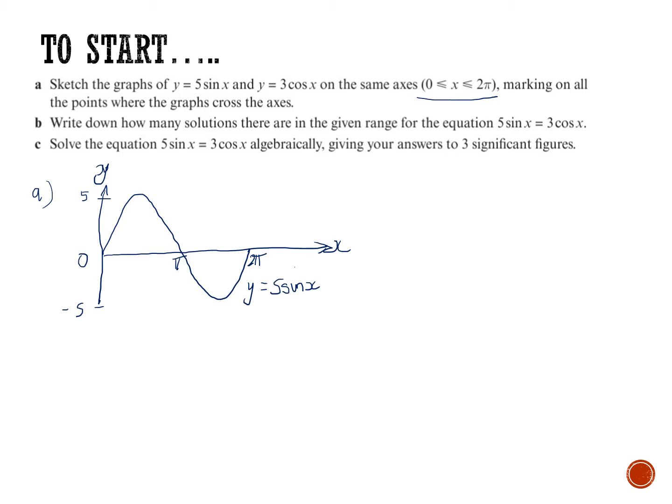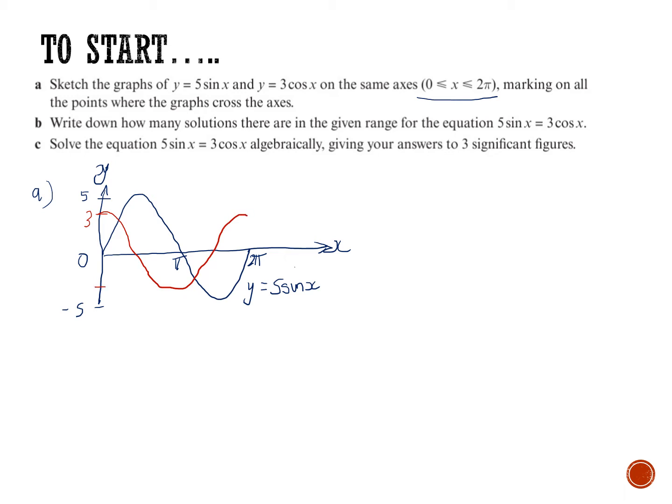If we think about y equals 3 cos x, cos normally would start at 0, 1 on the y-axis, but because of the 3, it's going to be stretched in that direction and it's going to start at 3. Okay, just think about where it goes through the axis relative to that. So it goes through there like that. That's where its minimum point is, okay, and then it goes through in the middle there and it goes up to there.